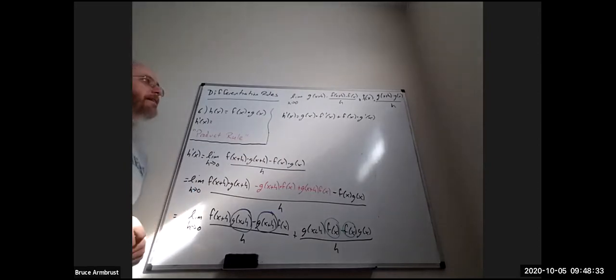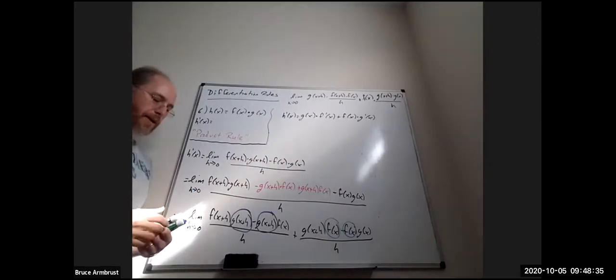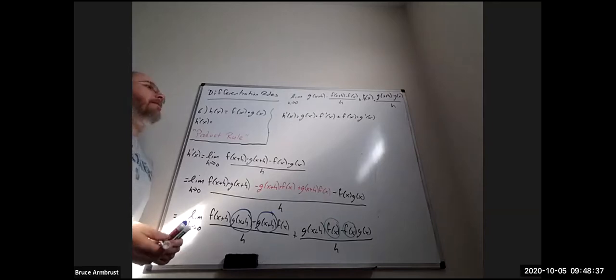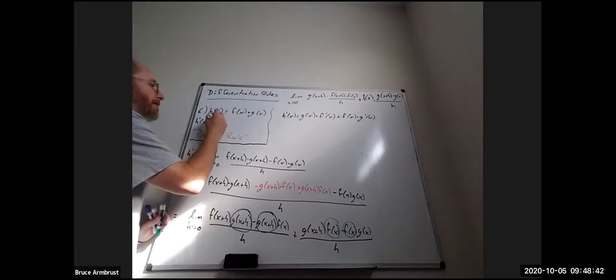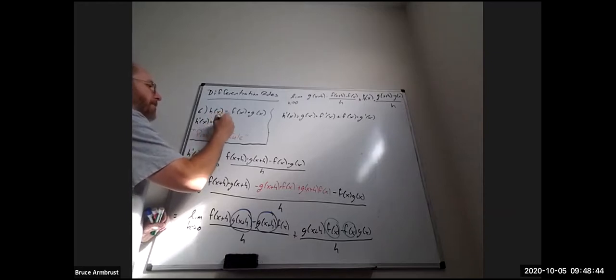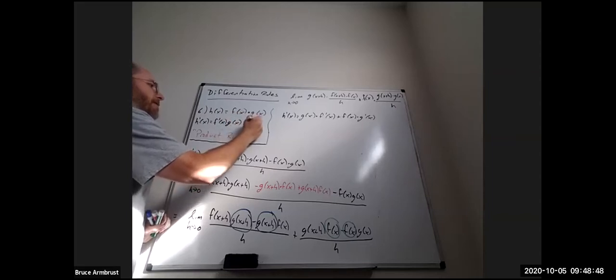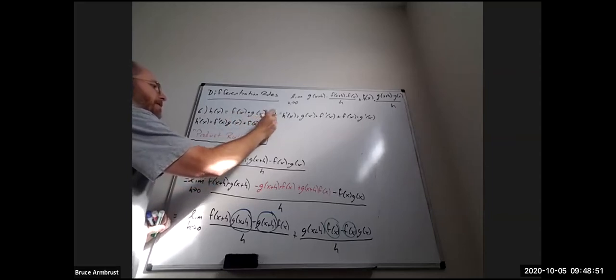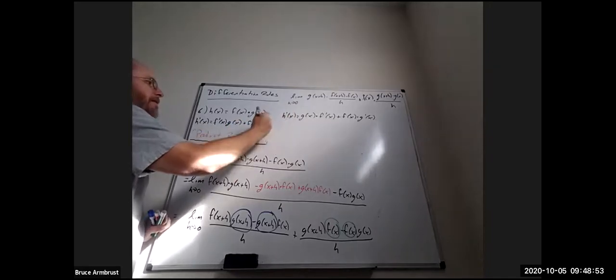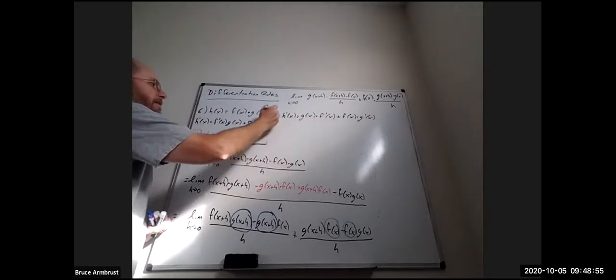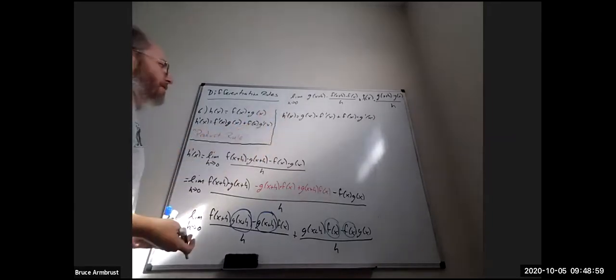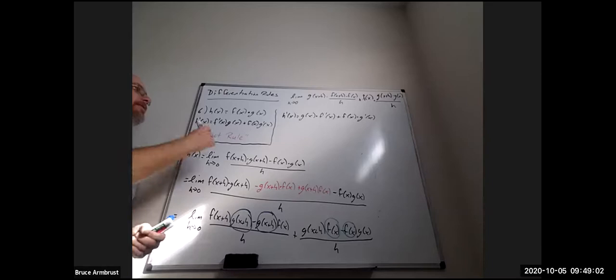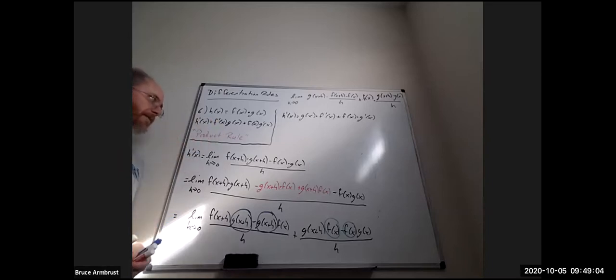And so that is our product rule. Ugh. All right, it's definitely not pretty. But let me go ahead and write it here. I'm going to change the order just slightly. Since it's multiplication, the order doesn't matter. I like to start it with f prime of x times g of x.